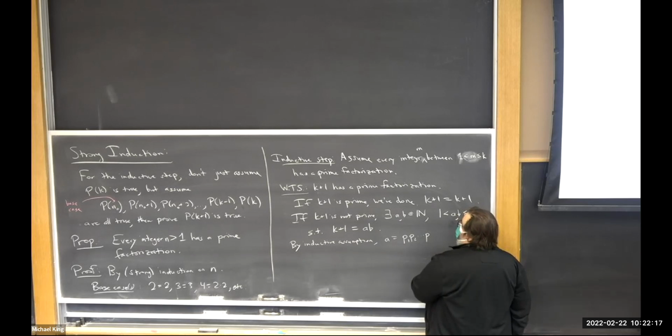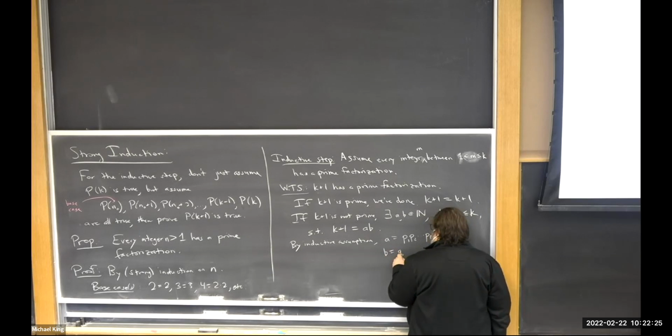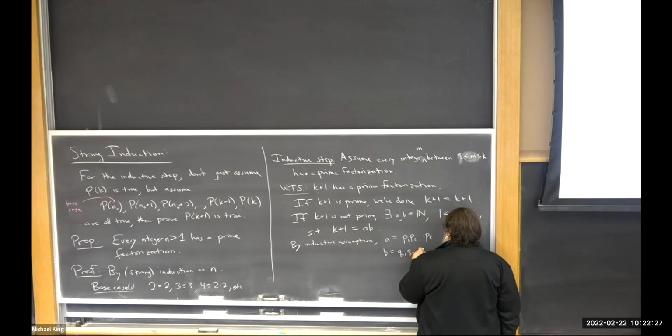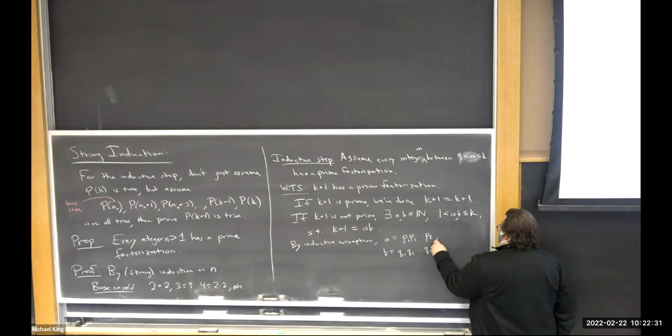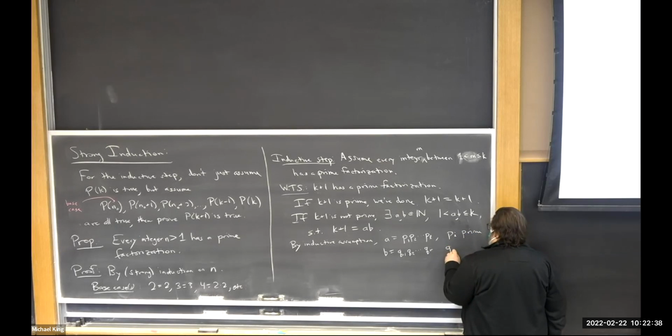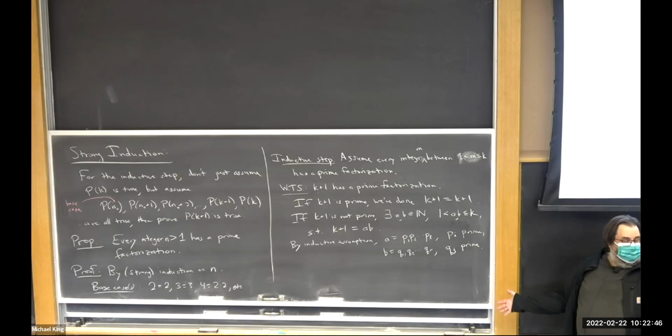I need indices that I haven't used. I used m, n, k, l. And b is maybe q1, q2 through qr, where the pi's are prime and the qj's are prime. Makes sense? So you can factor both of those.